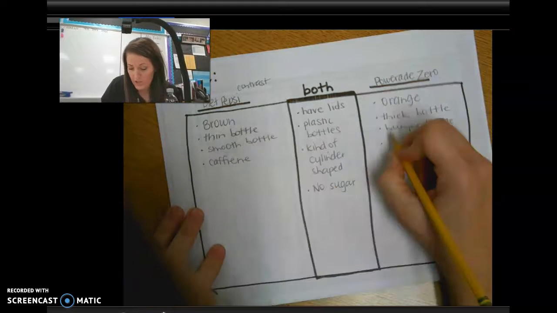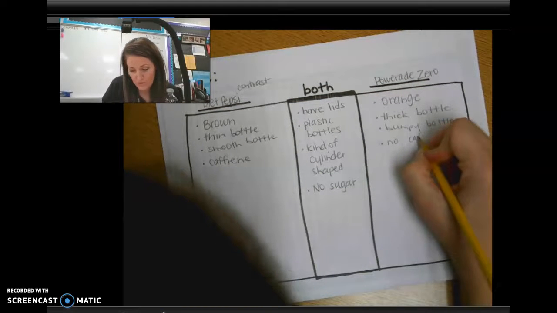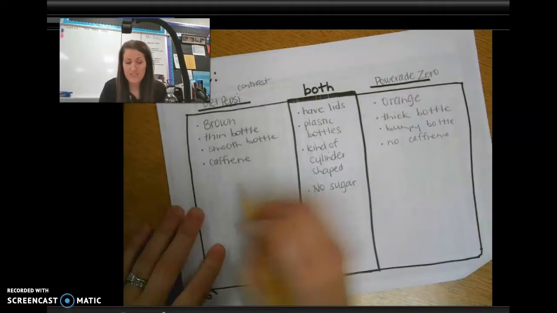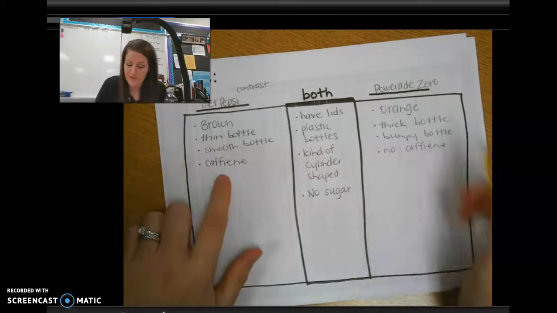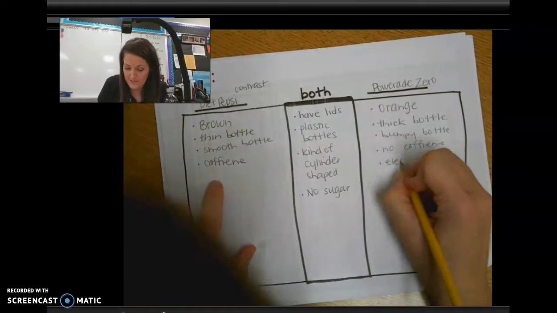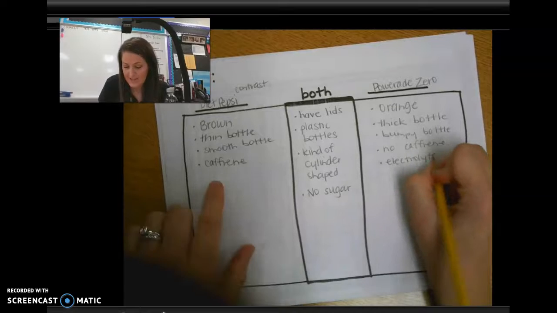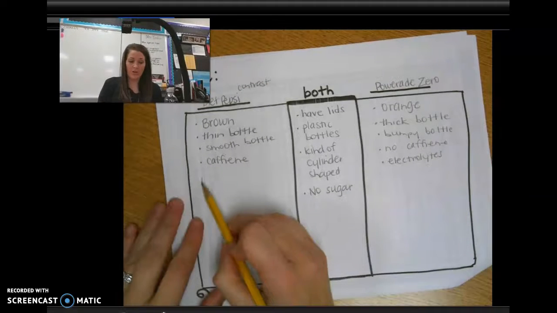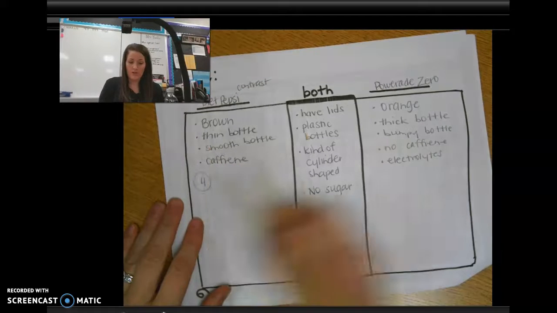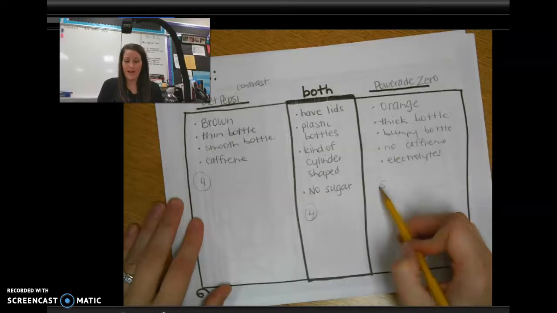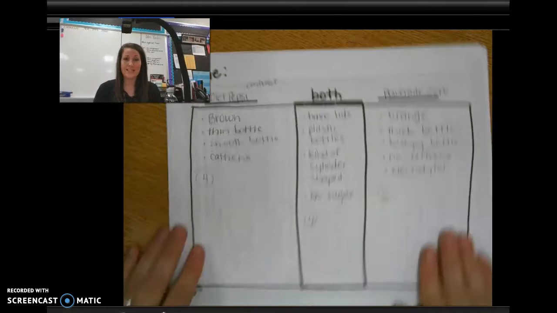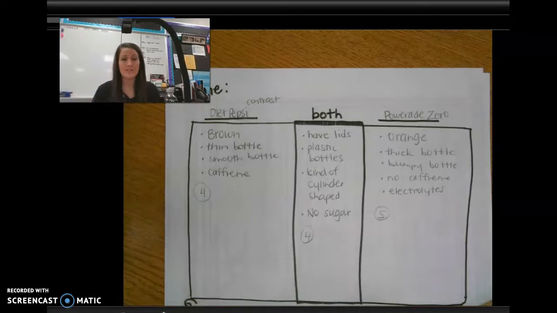And then I could put no caffeine, but you don't have to, because if it's on this side, then obviously it's not both of them. You could put caffeine on this one and then put electrolytes on that side. Okay, so since I have 4 here, 1, 2, 3, 4, 1, 2, 3, 4, 1, 2, 3, 4, 5, I can be done with this one because that's a pretty good amount of similarities and differences.